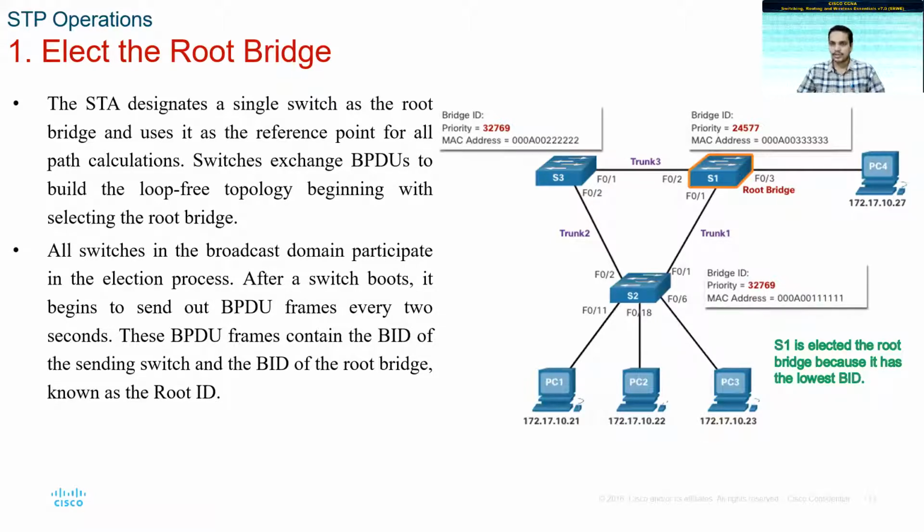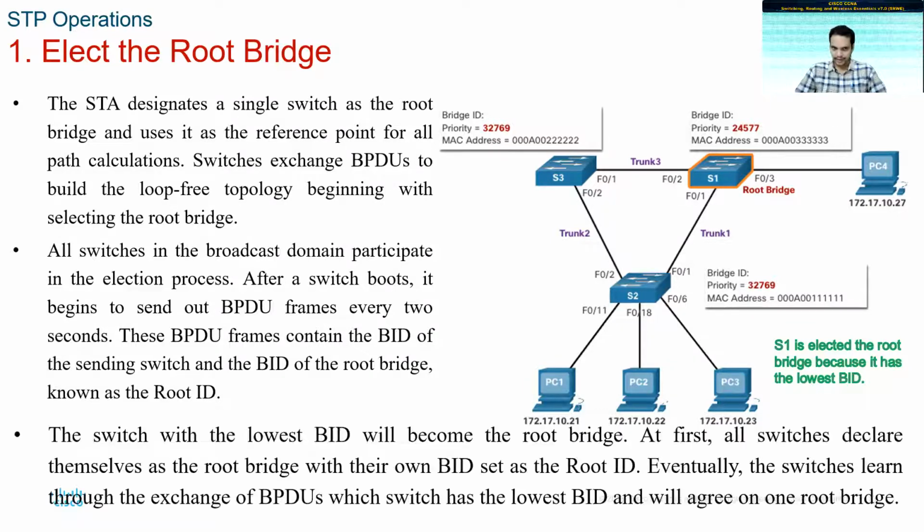First, all switches which belong to the same broadcast domain participate in the election process. After a switch boots, it begins to send out BPDU frames every 2 seconds. These BPDU frames contain the BID of the sending switch and the BID of the root bridge, known as the root ID. Generally, the switch with the lowest BID value will become the root bridge for that network.